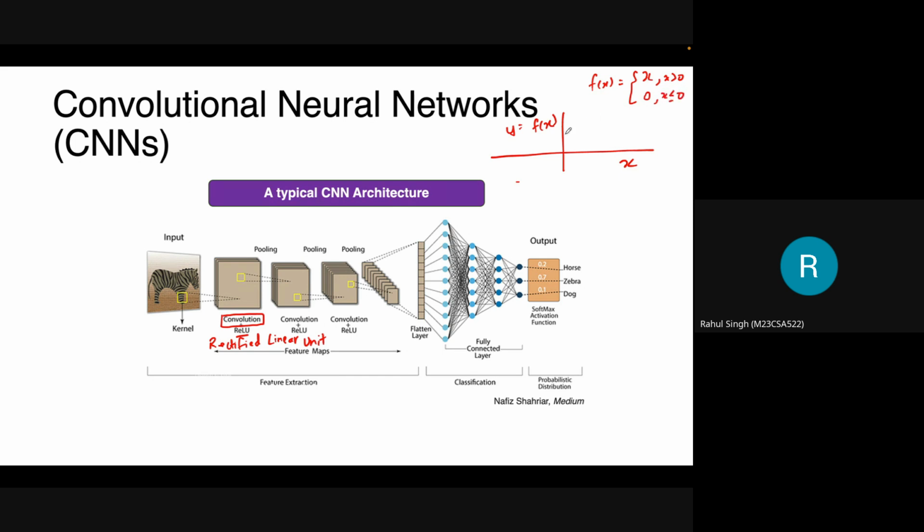Not equal to 0, right? So you see something like that, right? Now, is this a nonlinear function? Yes, overall yes, it is a nonlinear function, right? For x greater than 0, it is not, but on the whole, this is a nonlinear function, right?